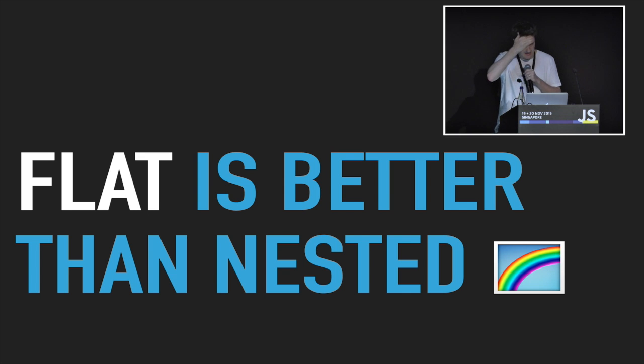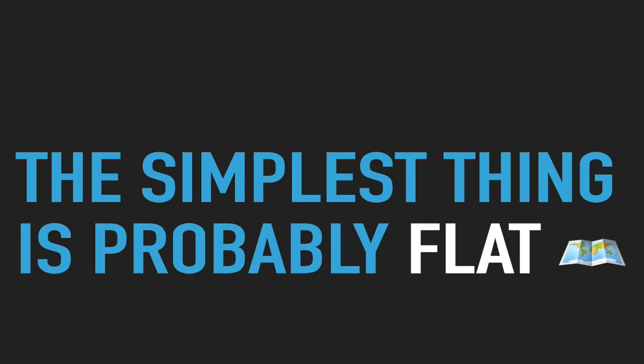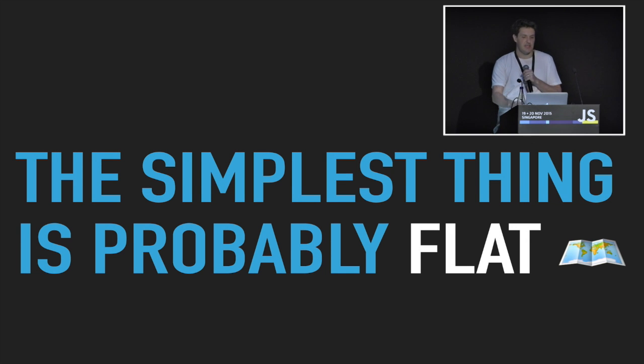That sucks. At function level, you shouldn't have nested callbacks. Class level, you shouldn't have multiple levels of inheritance. These are just examples. But the idea is that whenever you have a choice between a nested structure and a flat structure, you should probably always pick the flat structure, because the simplest thing is probably flat.